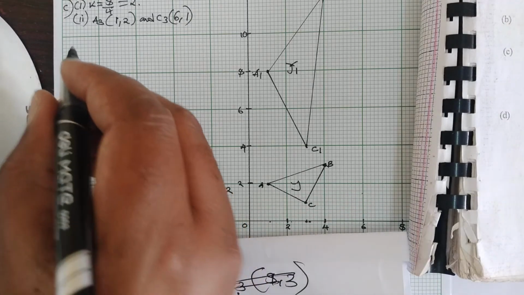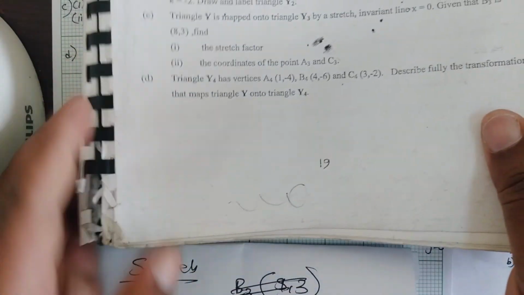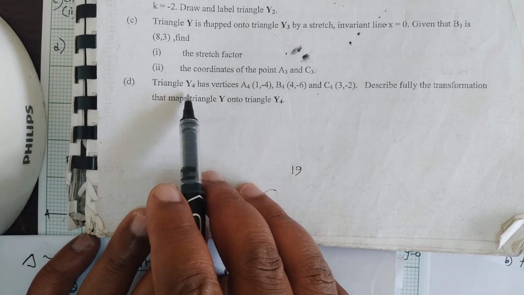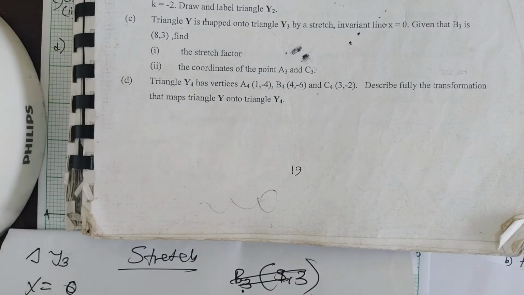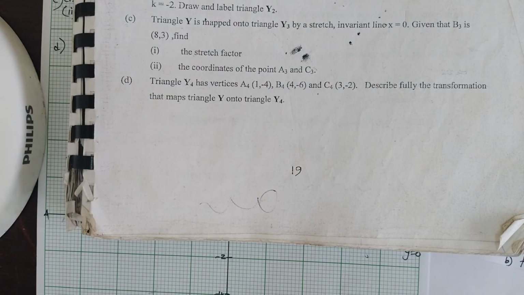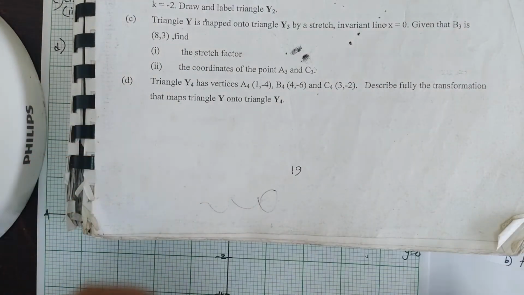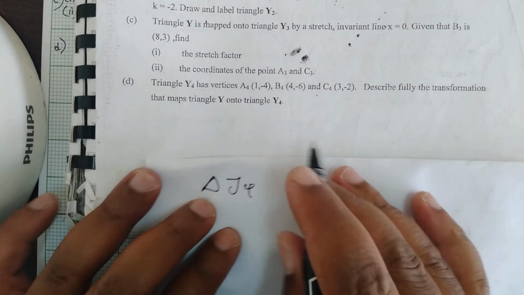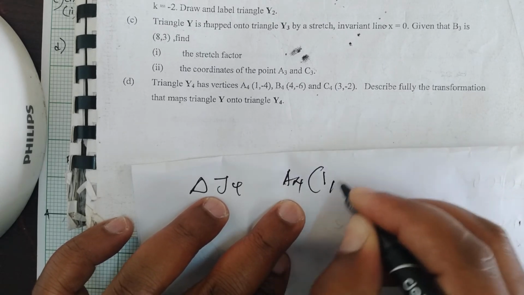Then we go to the last one, which is D. Triangle Y4 has these vertices. A4 is 1 comma negative 4.